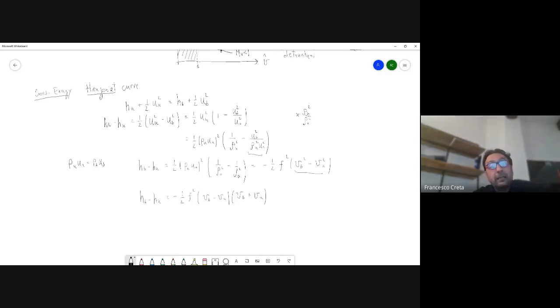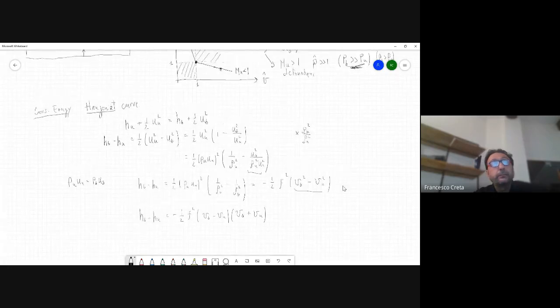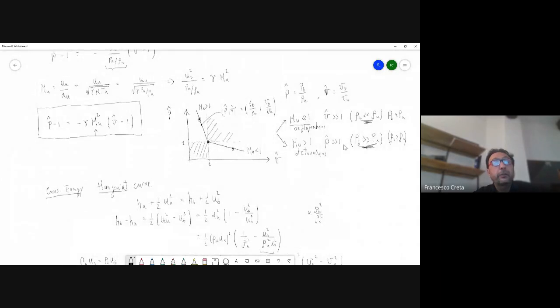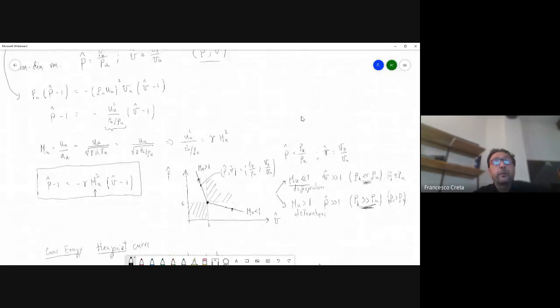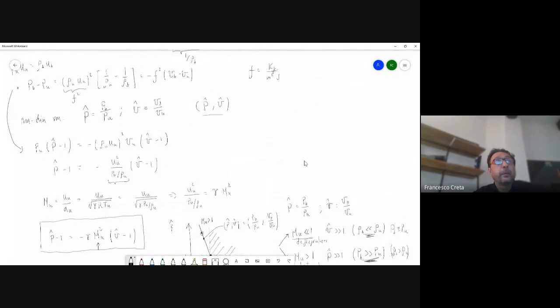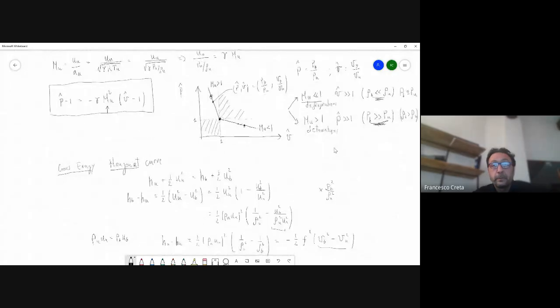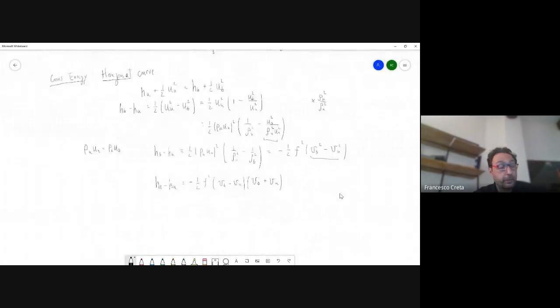Now, let's go back to the Rayleigh lines for 1 second, because we had an expression for VB minus VU, which appears here.